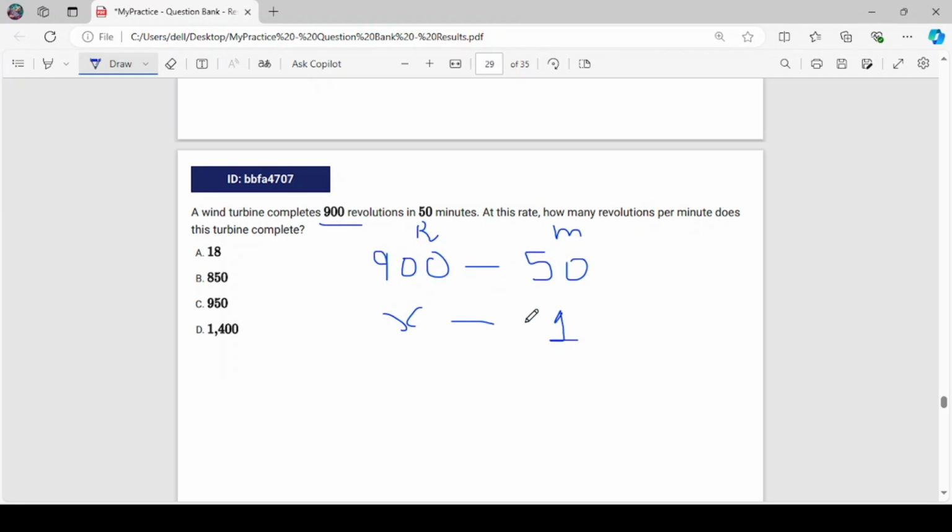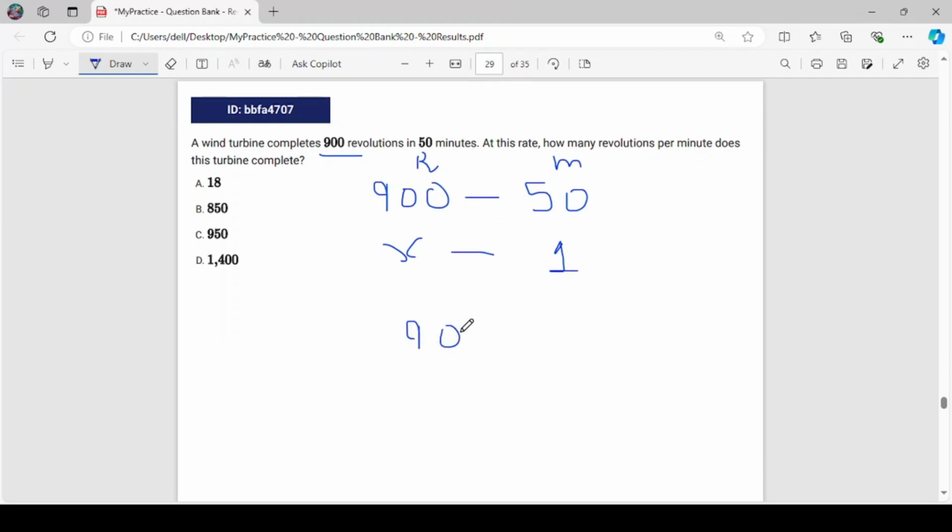Just cross multiply: 900 equals 50x, so x equals 900 divided by 50. 5 ones are 5, and 5 18s are 90. 18, this is our answer.